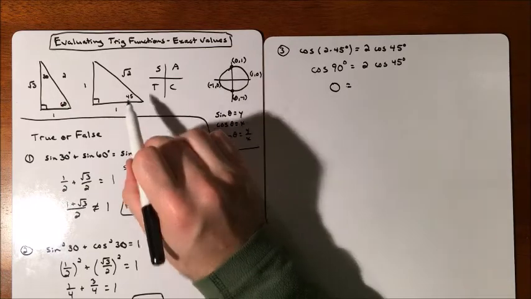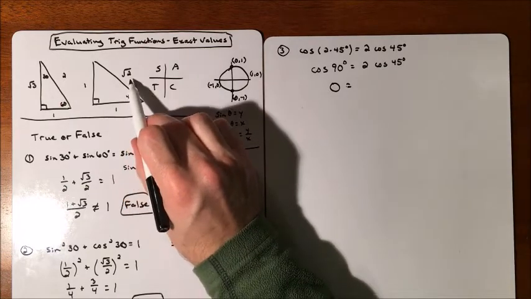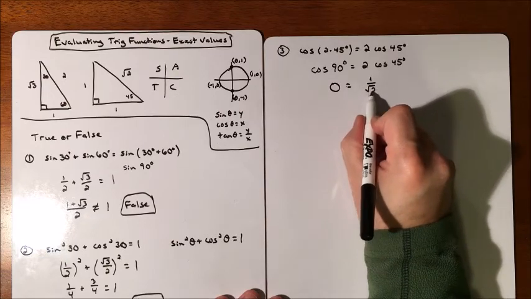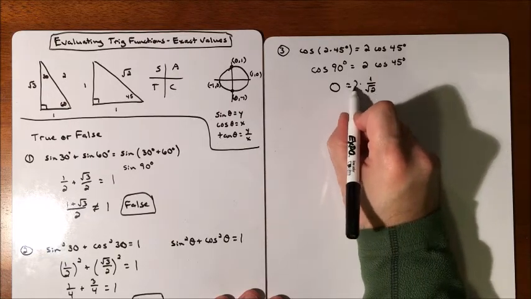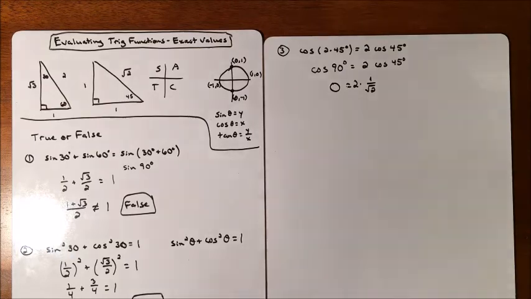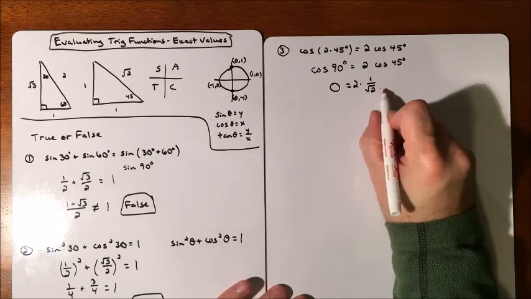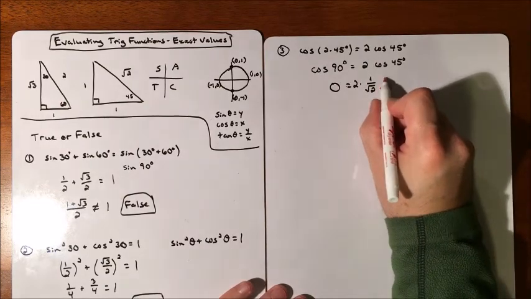Cosine of 45 is adjacent over hypotenuse. So that's going to be 1 over root 2 times 2. I need to do a little bit of cleanup on that. I'm going to rationalize my denominator. The bottom line is it's not going to be 0, but let's clean this up a little bit.